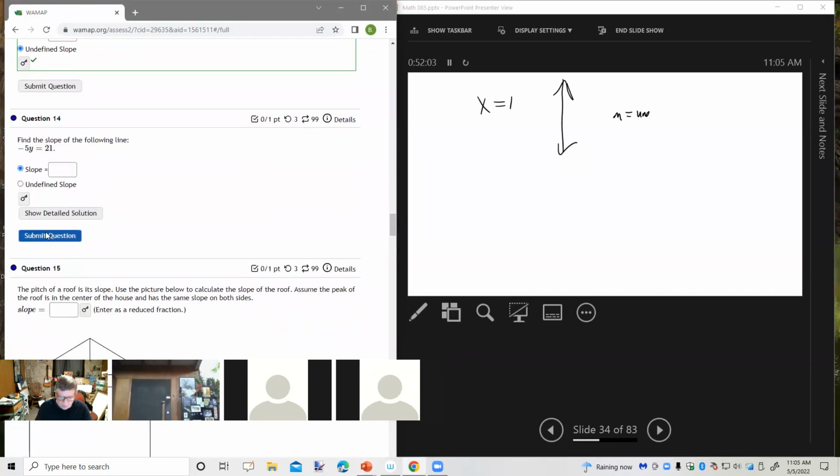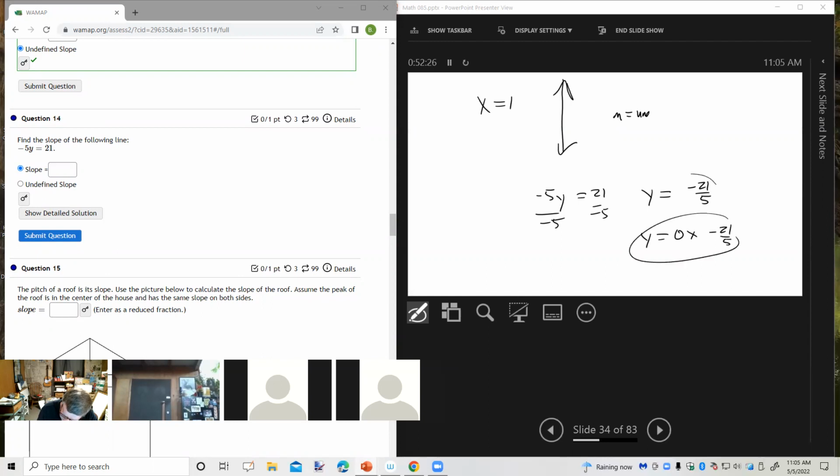Let's take a look at this problem. Negative 5y equals 21. Well, let's see. If you divide by negative 5, you'd have y equals negative 21/5. Well, x isn't even in the problem. So how can we read the coefficient of x? Well, could we write it like this?